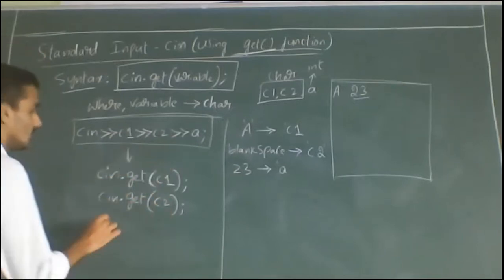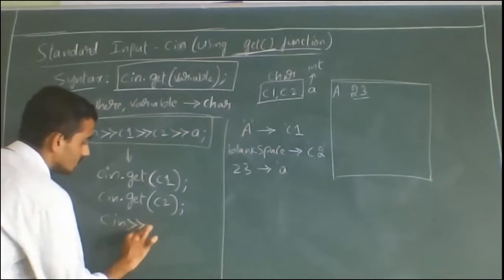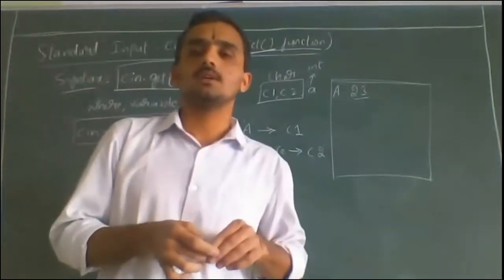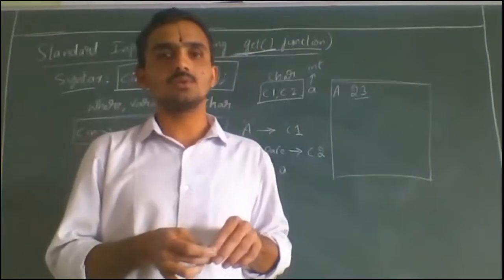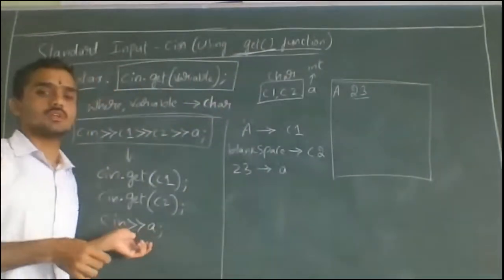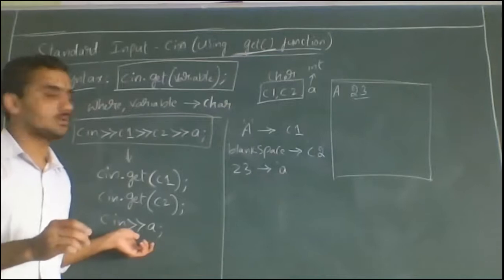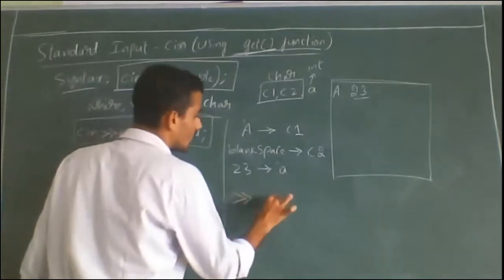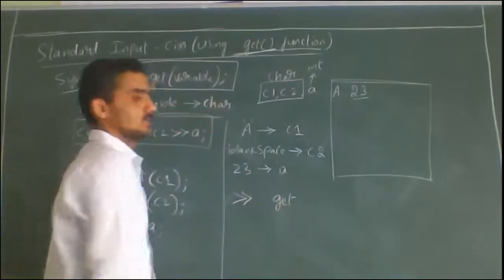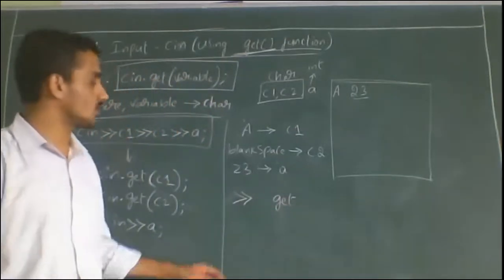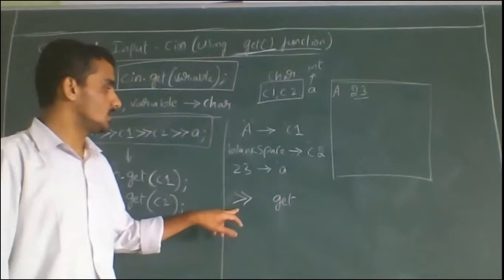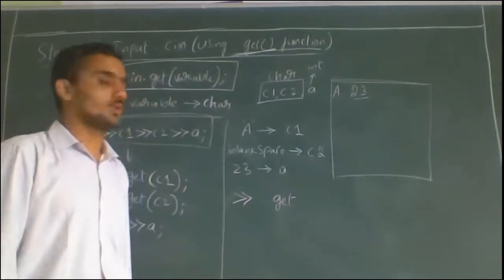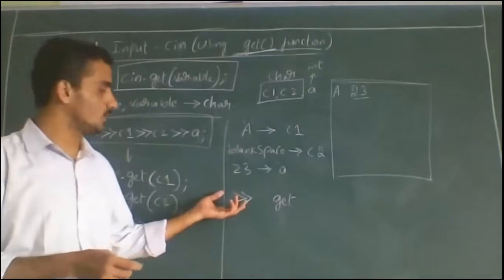For A, we can use extraction because in variable A, I am storing an integer value, not a character value. So whenever you are storing character values, you see whether to use the extraction operator or the get function, depending on the requirement. If you don't want blank space to be stored, then use the extraction operator.